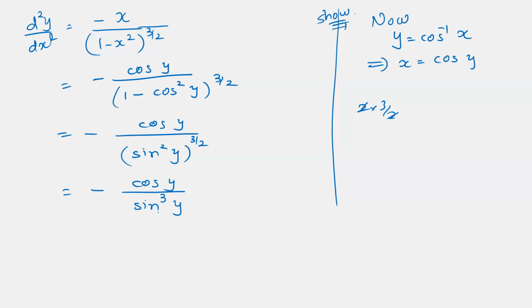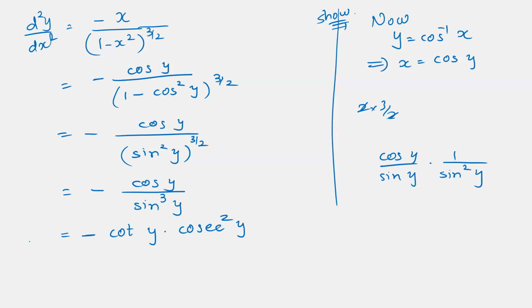And that can be converted into cos by sin, which is cot y, and one more sin square y is still there in the denominator, that is cosec square y. So we have given the answer in terms of only and only y.